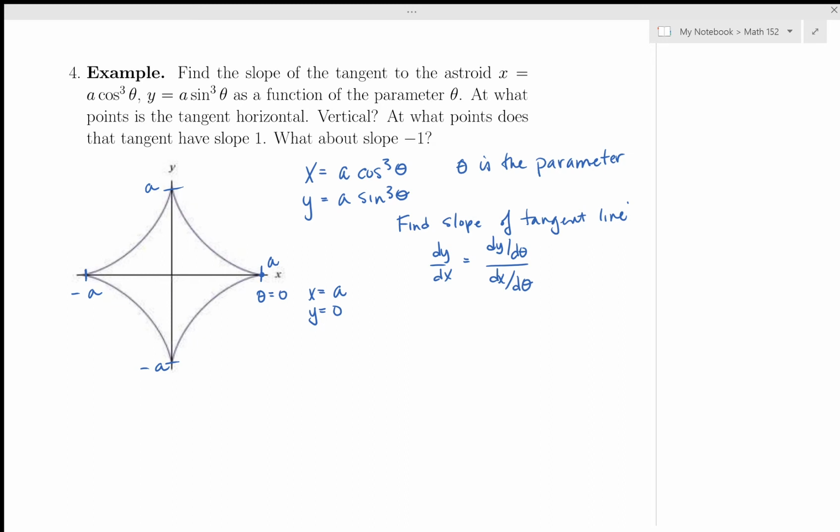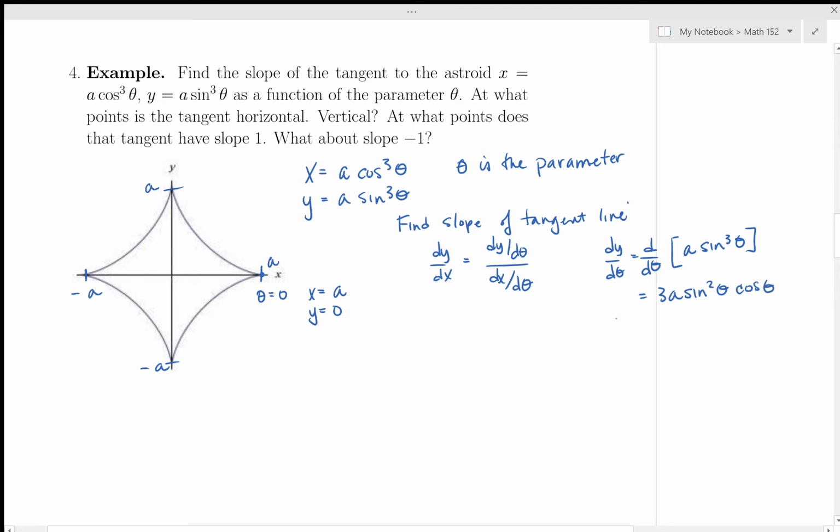So now I can compute dy by d theta. Let me do that over here so we can be clear. dy by d theta is the derivative with respect to theta of y, and that is 3a sine squared theta cos theta.